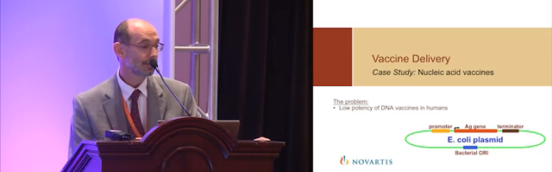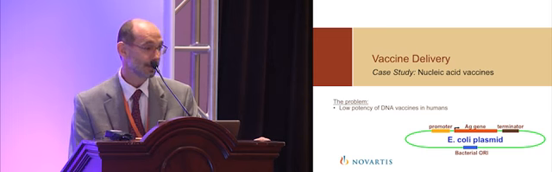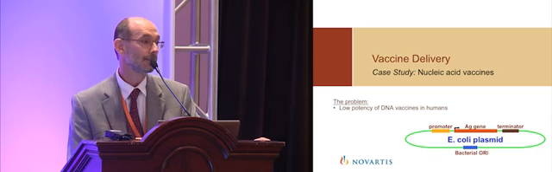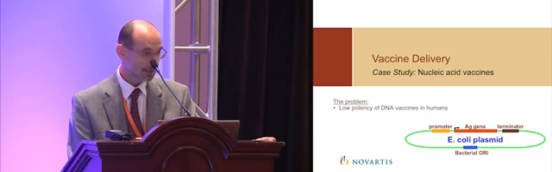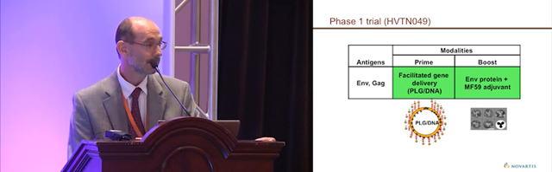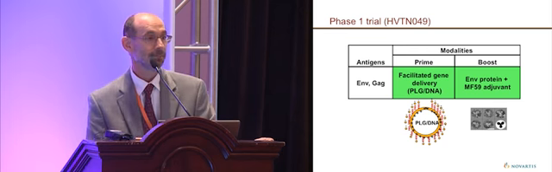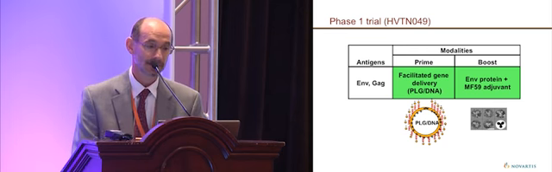And so I believe it's just a matter of finding the right technology to enable efficient delivery of DNA vaccines and efficient co-stimulation of the innate immune system to get sufficient potency to make these vaccines viable for humans. So we, over the years, and many other groups, spent a lot of time looking at potential enabling technologies for DNA vaccines.